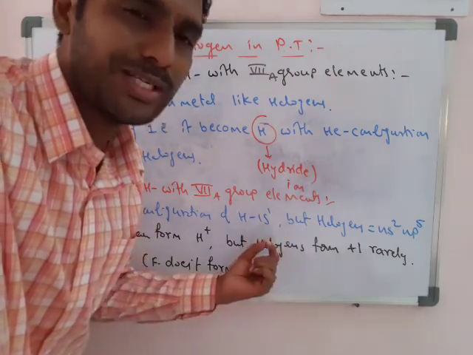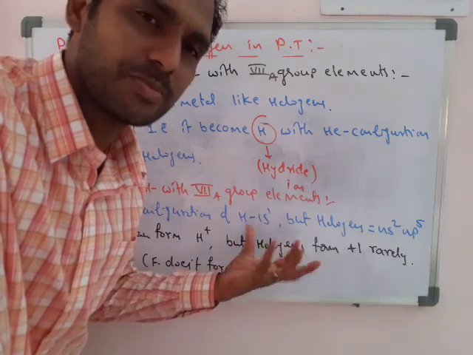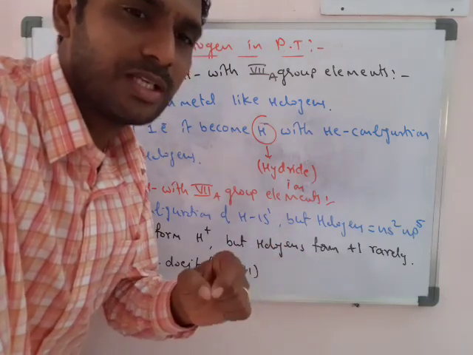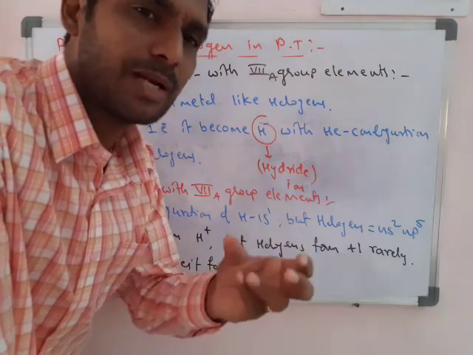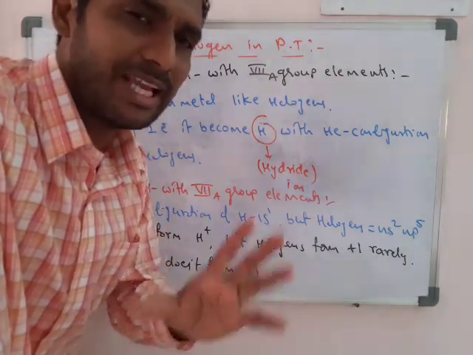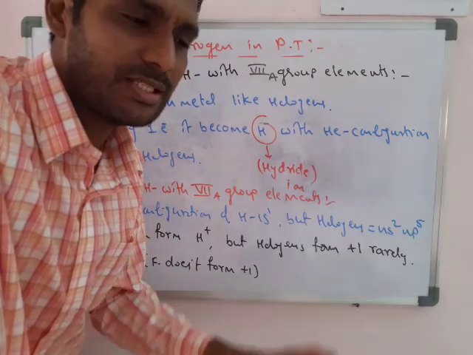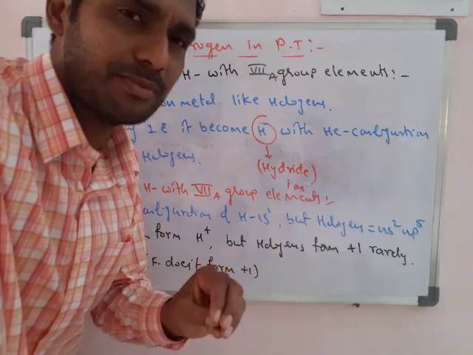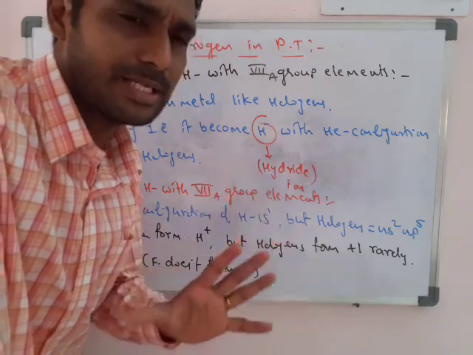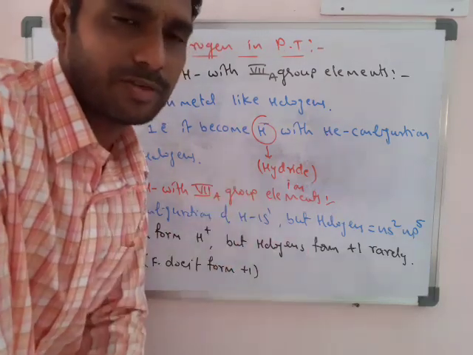Due to its special characters, hydrogen is a specific element which cannot be placed correctly in any single group. So we can say the position of hydrogen is anomalous in the modern periodic table. In any periodic table, hydrogen's position is controversial.